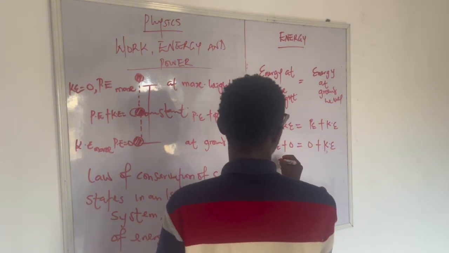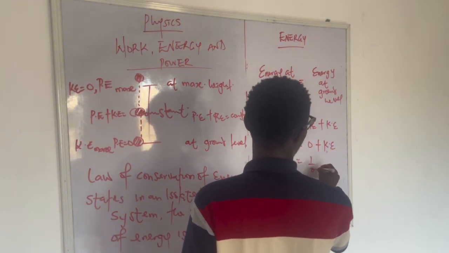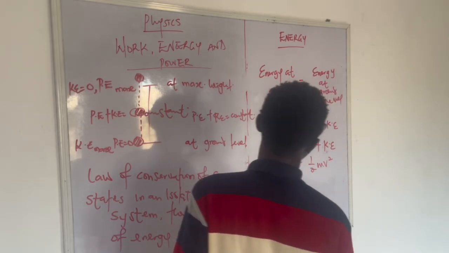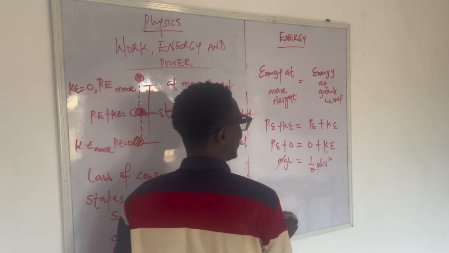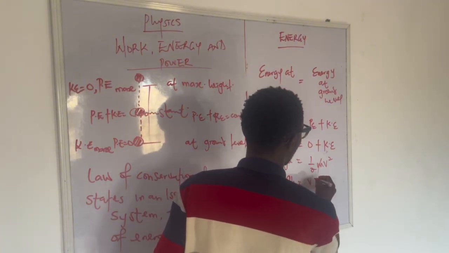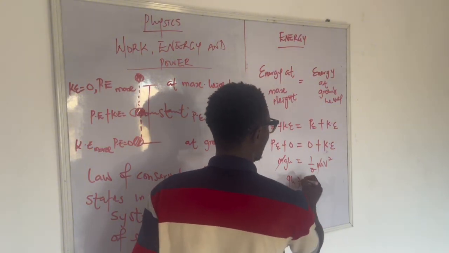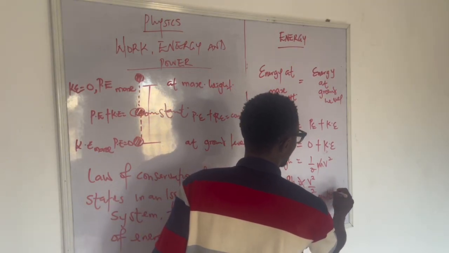So now, this is mgh equals to what? Half mv square. So just so we know that the mass is the same thing. Now, m will cancel out. So it will be v square over 2. Then we can cross multiply, are we together?